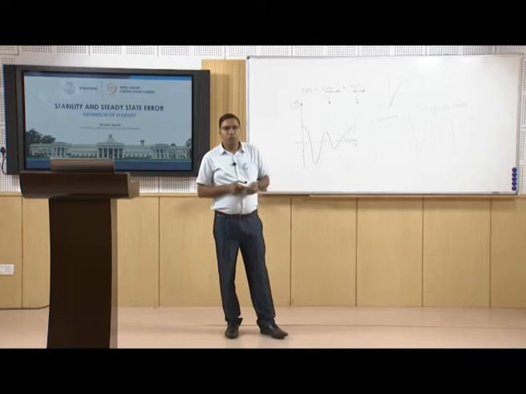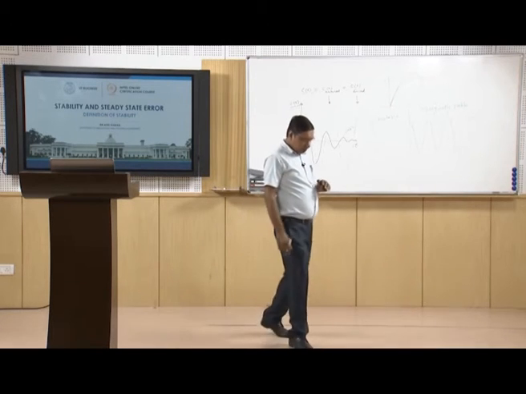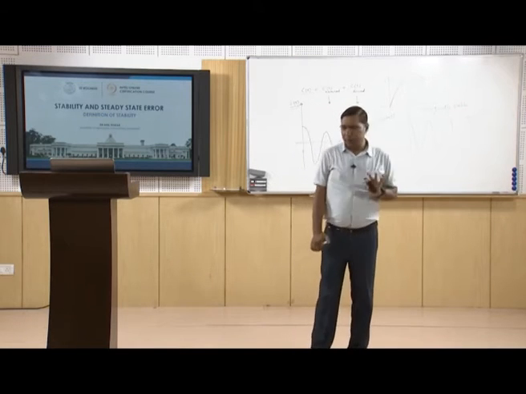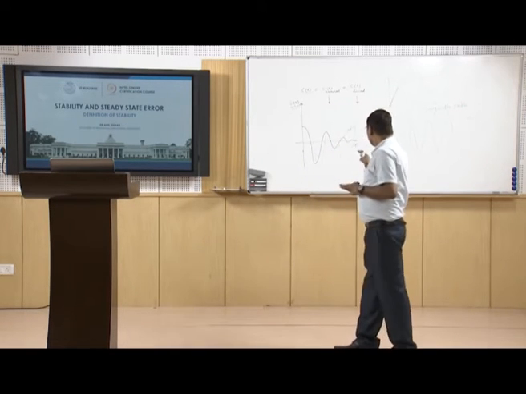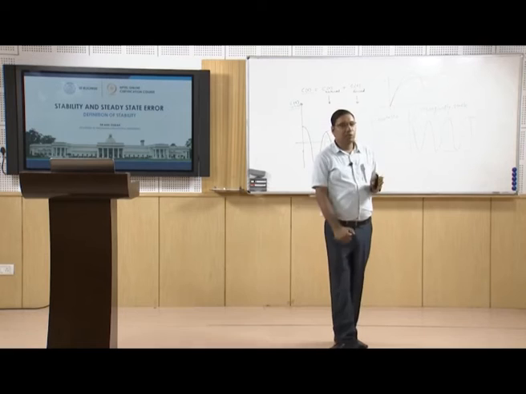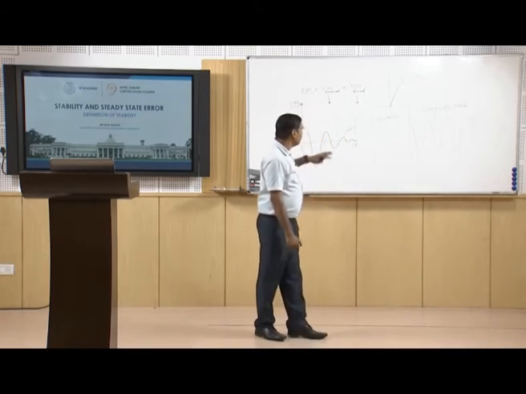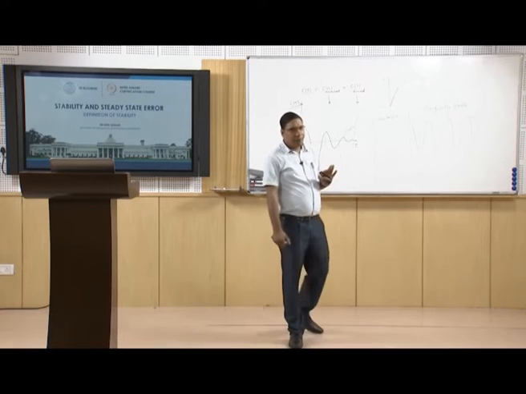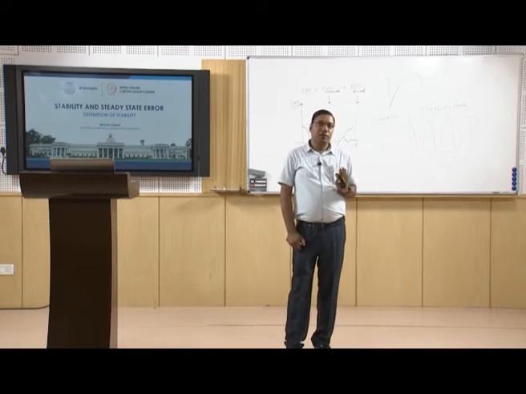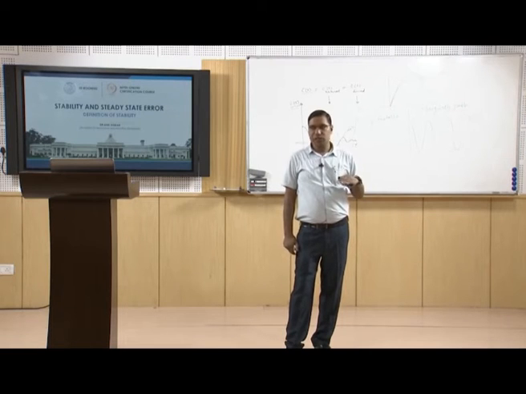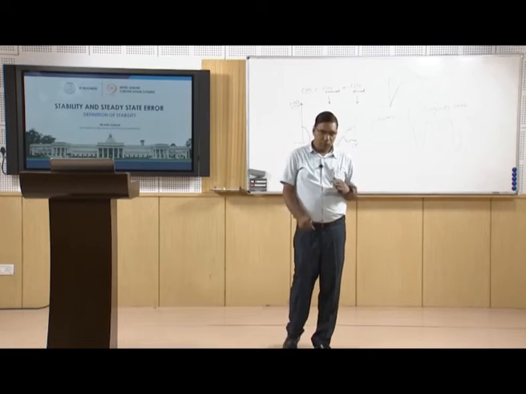Now, these definitions are based on the responses of the system, one with the natural response, the other with the total response. We know that we have already linked the response with the poles and zeros of the system.